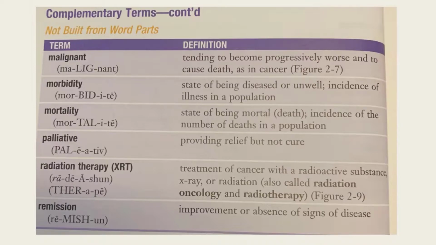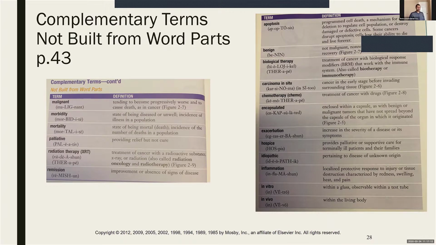So looking back to that chart in chapter 1, how do we then learn these words? We have to use them. We just have to memorize them. And some of them just make sense. If you say chemotherapy, probably everybody's heard of chemotherapy and understands what that means.